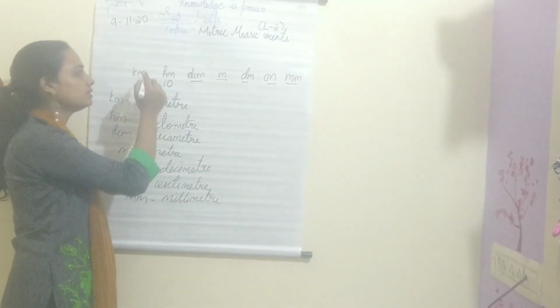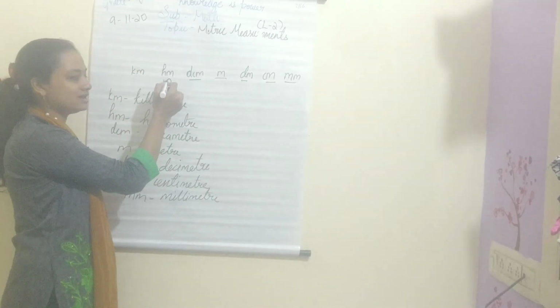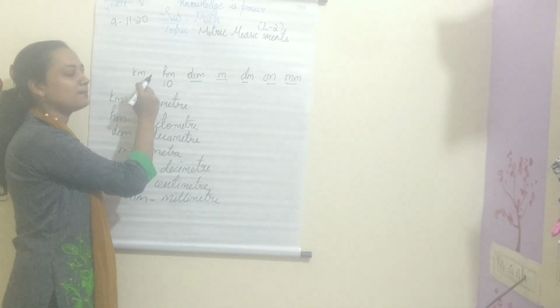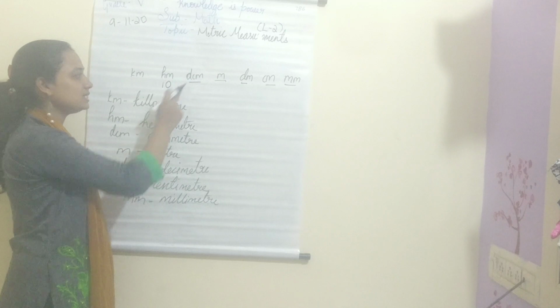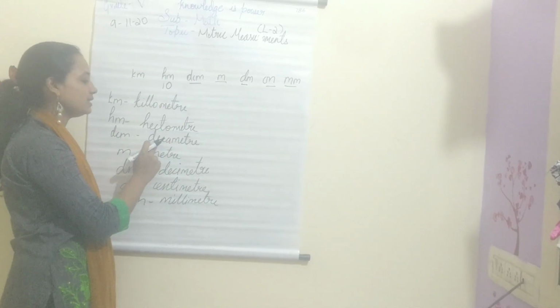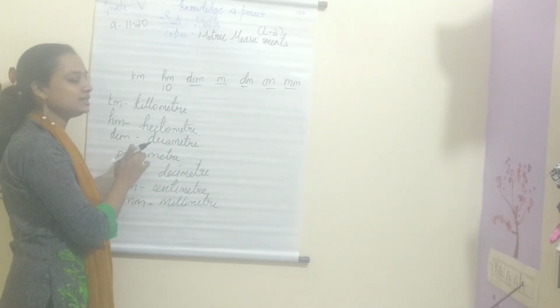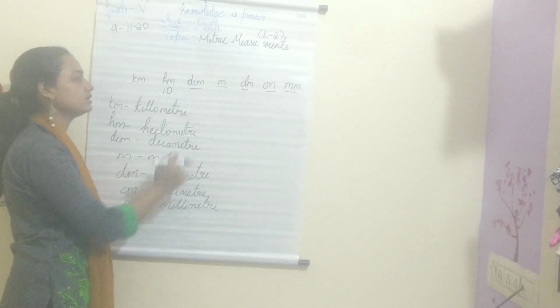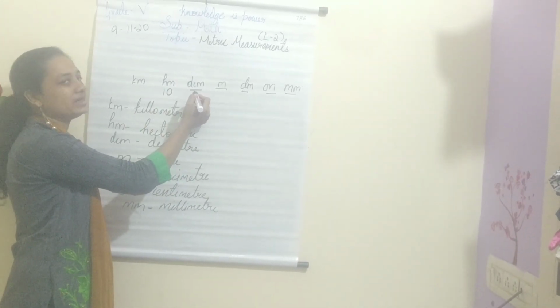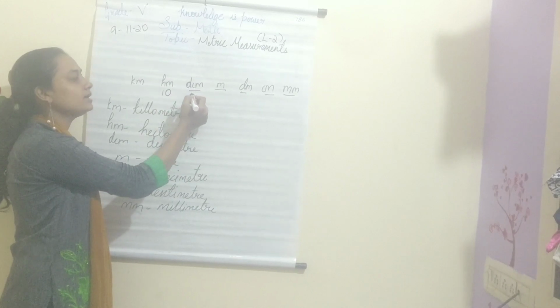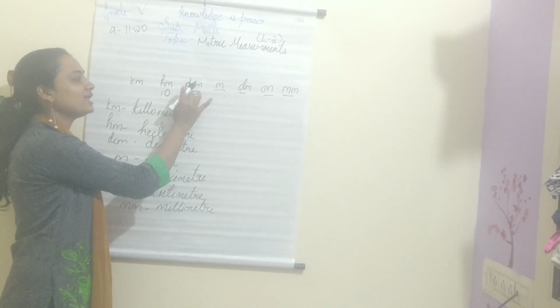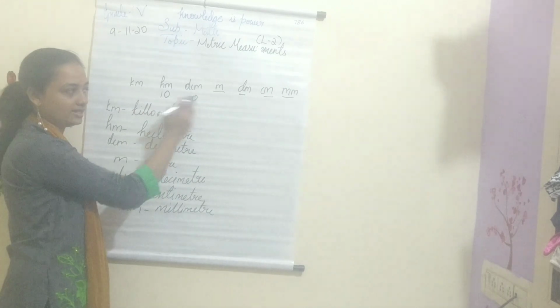So from here to here when I jump, there is a 10 numbers difference. Now DCM means decameter. So when I come from HM to DCM, there is again a 10 number difference.